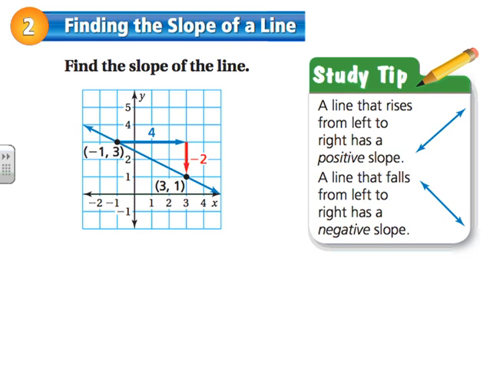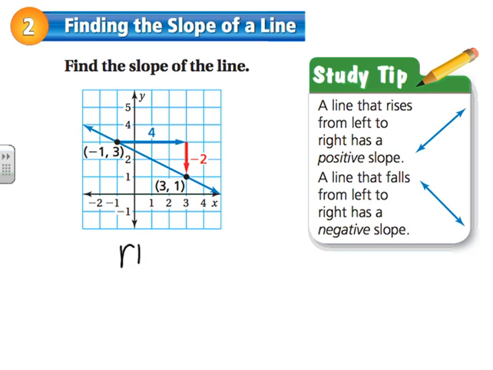Okay, next example, find the slope of the line. I do want to remind you that if your slope goes up as you go left to right, that's a positive slope. A slope that goes down as you go left to right is a negative slope. Looking at the picture, this one goes down, so we know that our slope is going to end up negative.